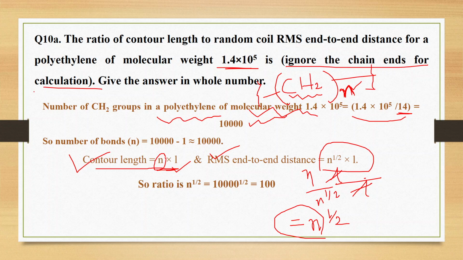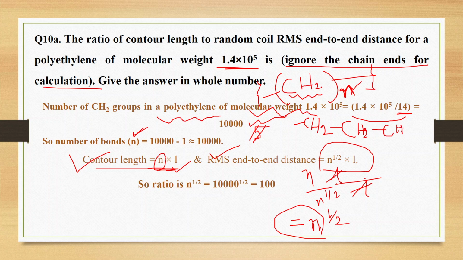But n is the number of bonds, or whatever I'm taking, the segments. Now just for example, let me take a smaller number, that will be easy. Suppose we have 3 CH2 groups that are joined with each other. So this is CH2, CH2 and another CH2.